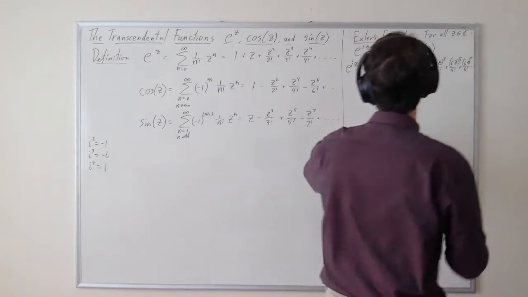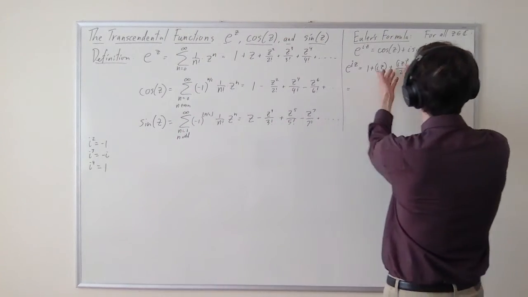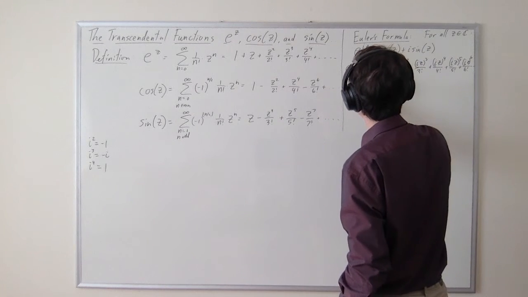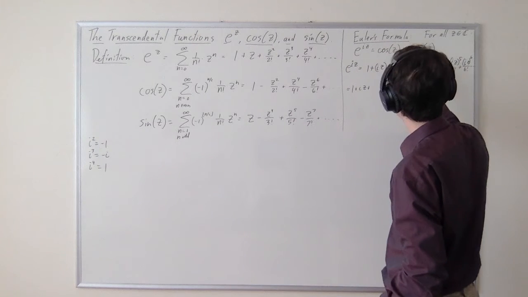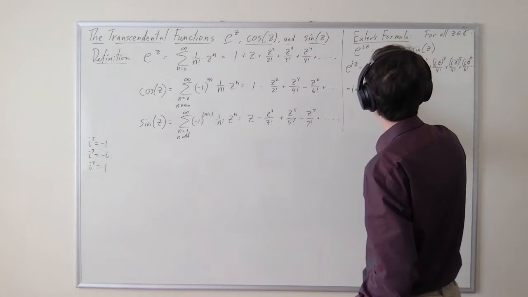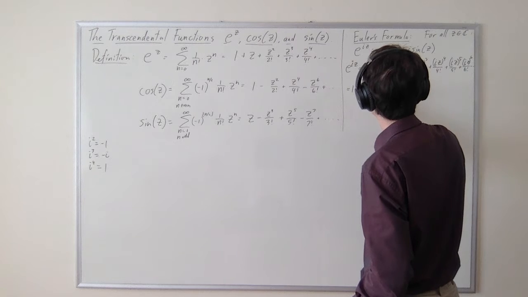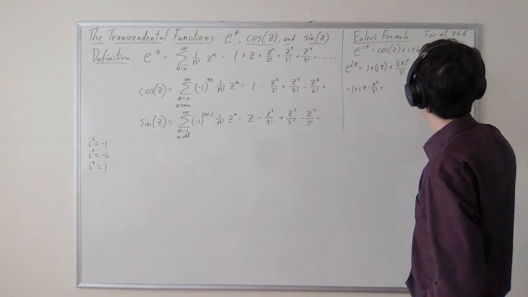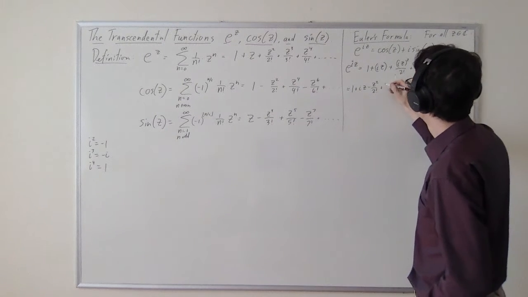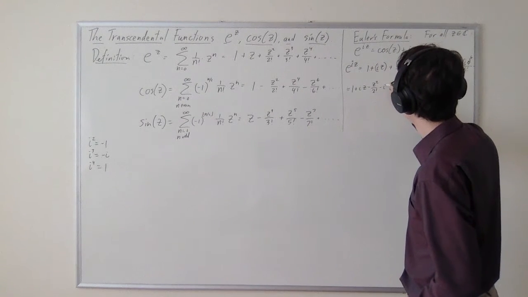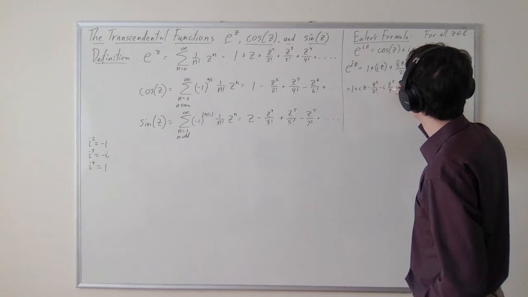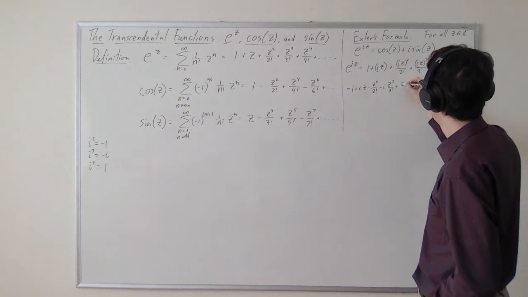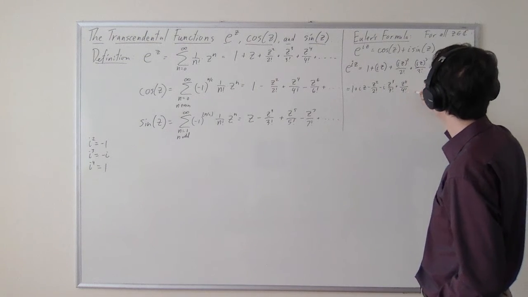So this thing simplifies by factoring out the i's and then calculating the powers of i. This is 1 plus iz plus, and then that becomes minus z squared over 2 factorial. So the i squared became the minus sign. And then this becomes minus i, and then we get z cubed over 3 factorial. And then this becomes i to the 4th, which is just 1, so I don't even have to write anything involving i.